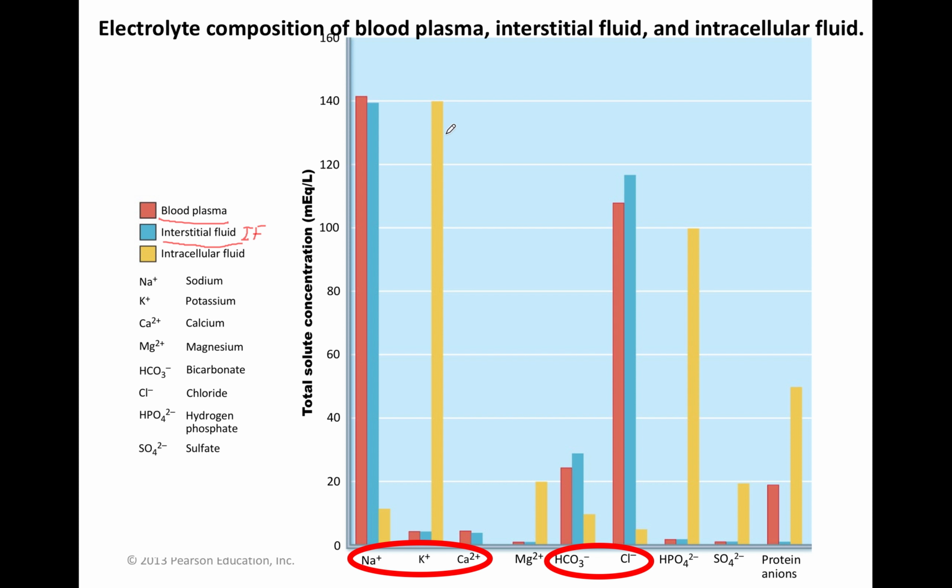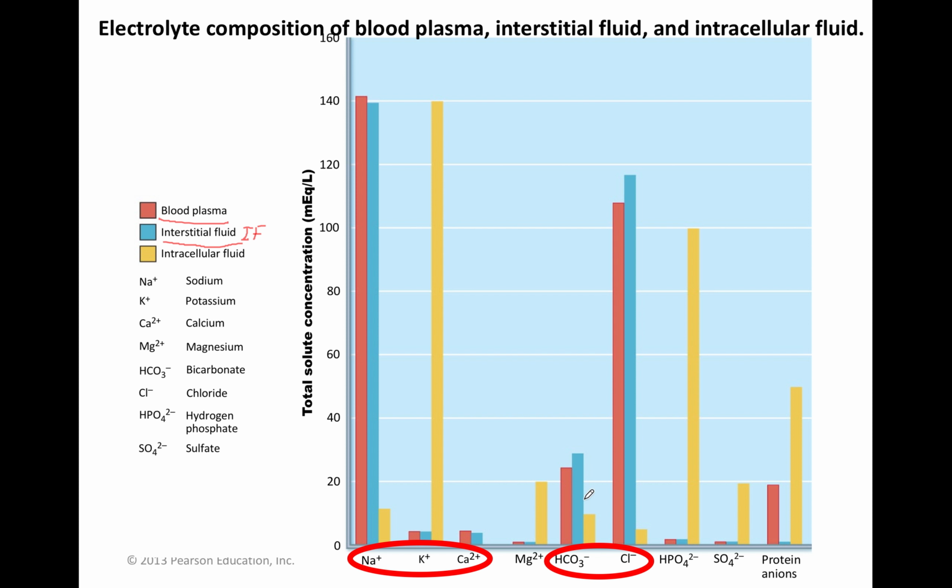So potassium is high inside, sodium is high outside the cell. Calcium is almost non-existent inside your cell, and also very low concentration compared to the other two ions, even outside the cell. But in relative terms, calcium is low inside and high outside.